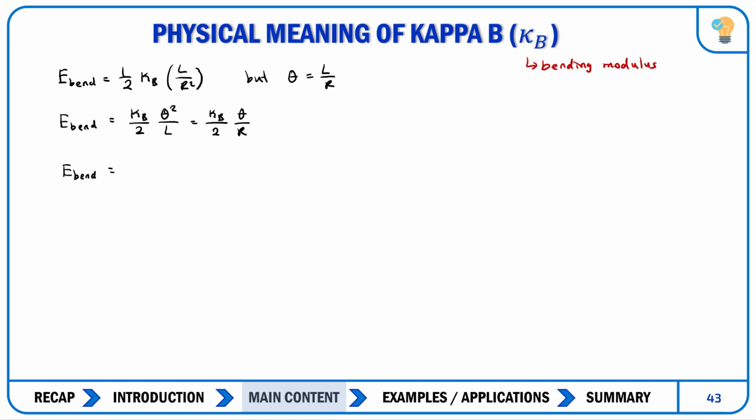This means E bend is going to be equal to the summation of 1/2 kappa B Li over Ri squared. So these are all interrelated. Specifically, these two can calculate the individual energies of bending. This one is going to calculate the total energy of bending across an entire chain.